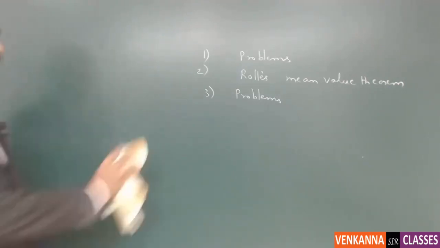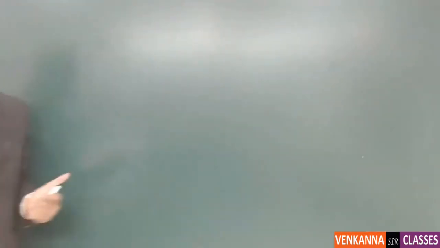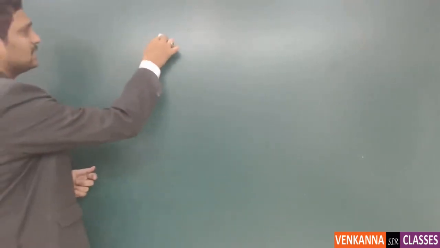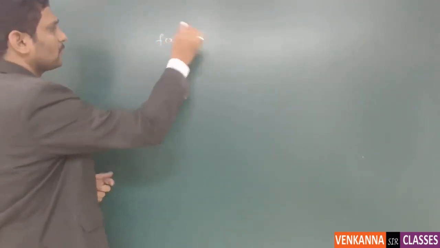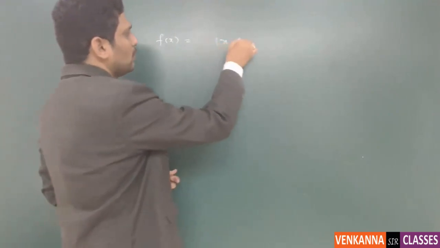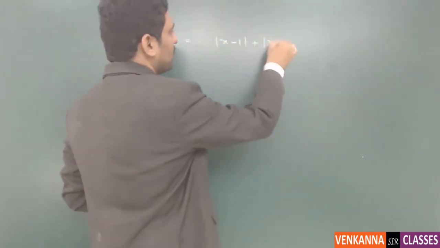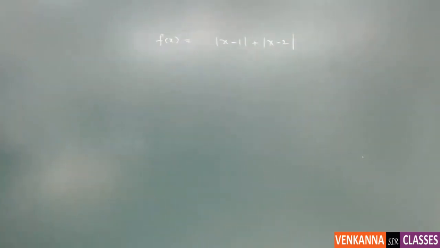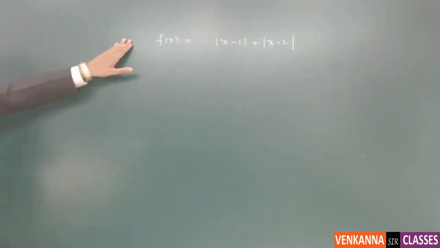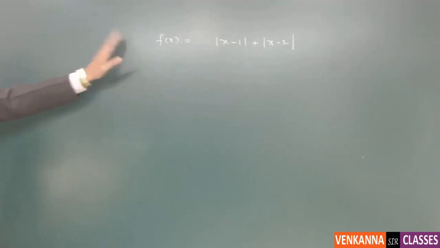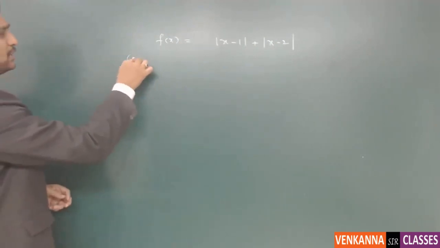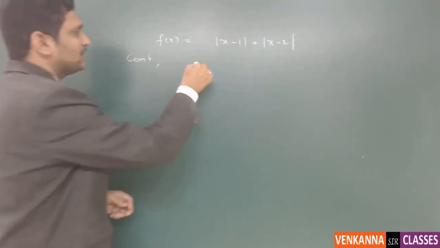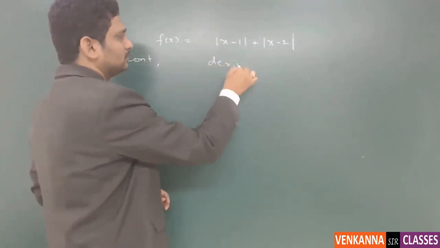Fine. Then let us begin with the problem that the function defined as f of x equal to mod x minus 1 plus mod x minus 2. You take this function. So for this problem, we are going to discuss about the continuity as well as derivability.